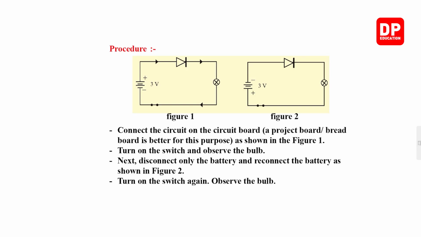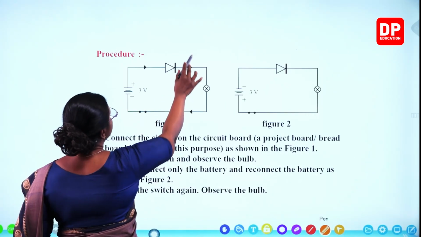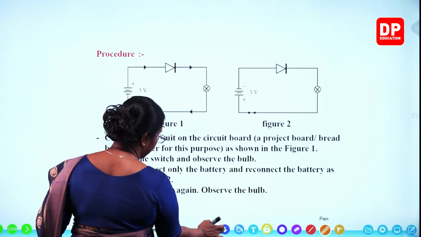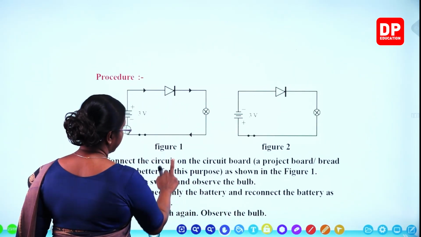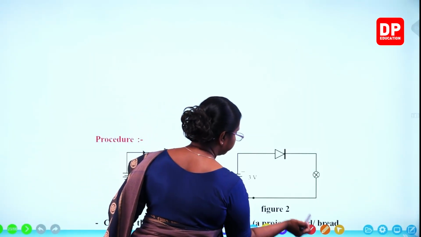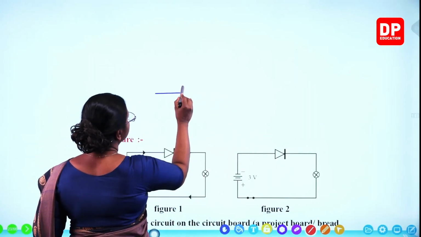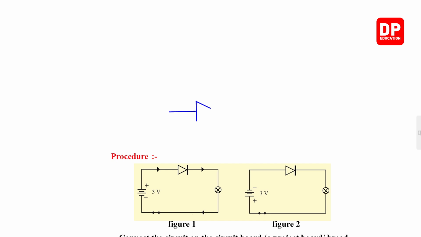This is the procedure. Now look at the two figures. Now here you can understand, this is the symbol for a PN junction. I will explain that to you all here. Here we have this symbol.